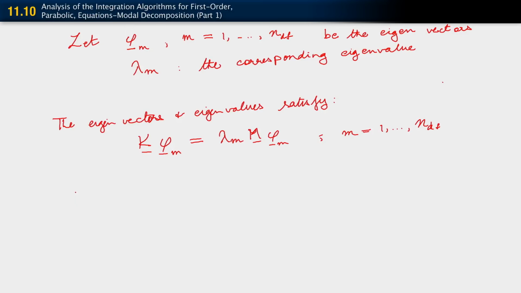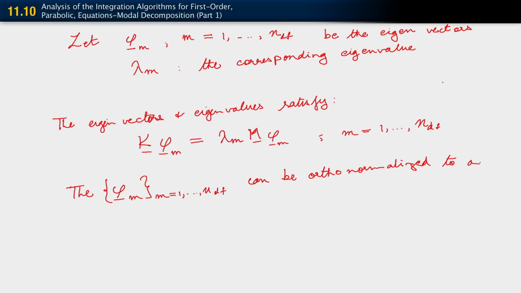In particular, the property of orthonormality that they satisfy is the following: the set of eigenvectors phi m, m equals 1 to NDF, can be orthonormalized to a different set psi sub m, again m equal to 1 to NDF.